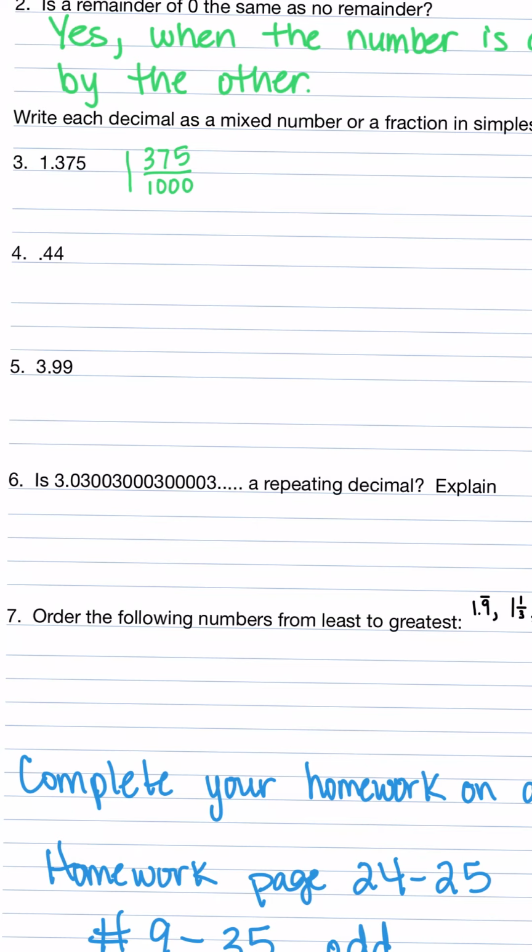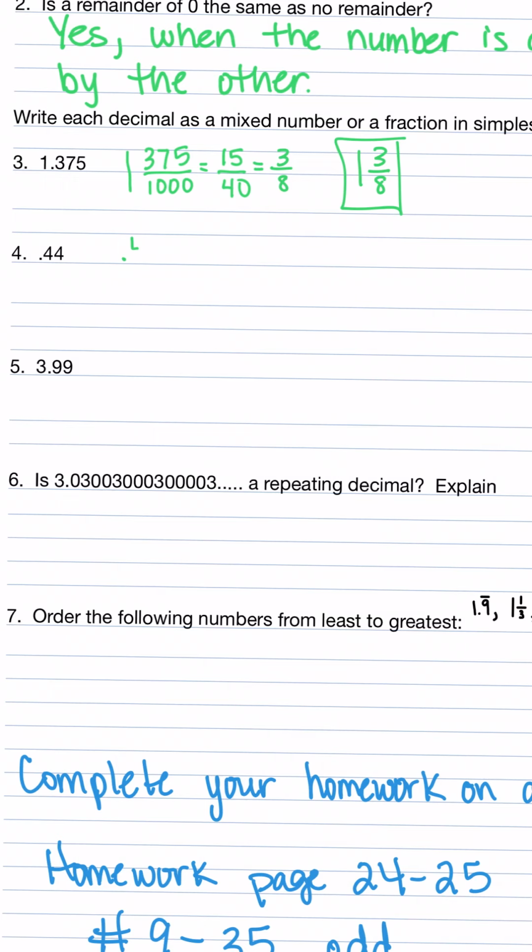Both of them are divisible by 25. Then it can be reduced down farther by another 5. So 5 goes into 15 3 times, 5 goes into 40 8 times. So that is going to be 1 3/8 is the fraction.